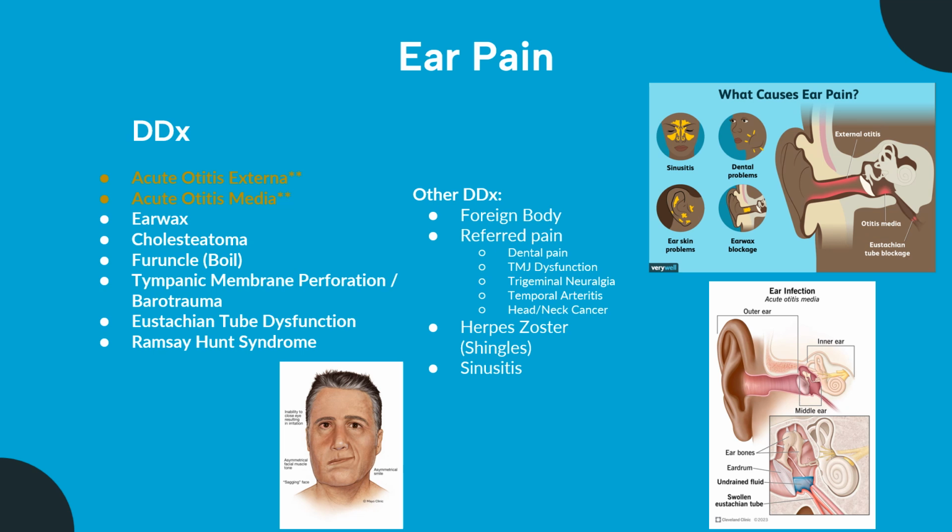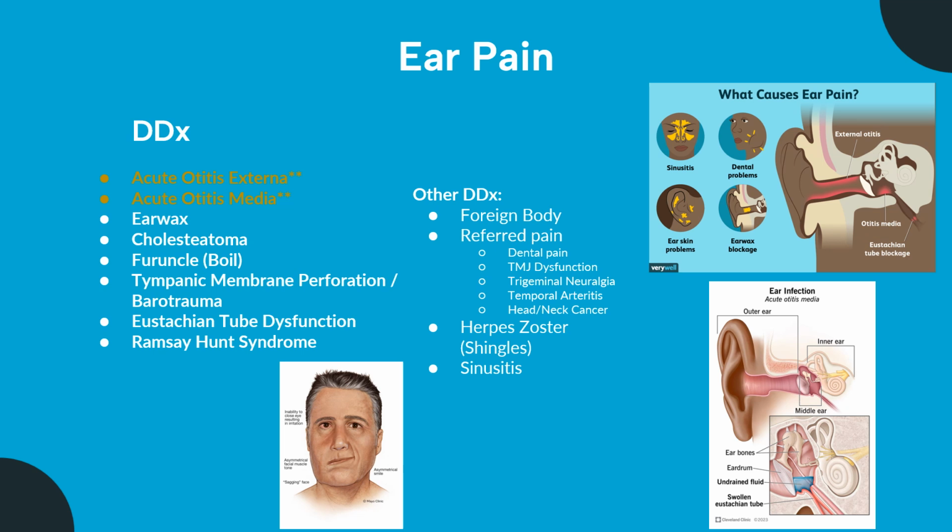It's important to not only consider what we normally consider to be ear pathologies, but also some other infectious causes. For example, Ramsay-Hunt syndrome, which is kind of shingles that affects the facial nerve. It can also affect the eye and also the ear. And other differentials like a foreign body, which you need to keep an eye on.